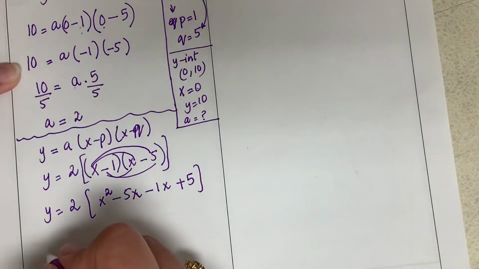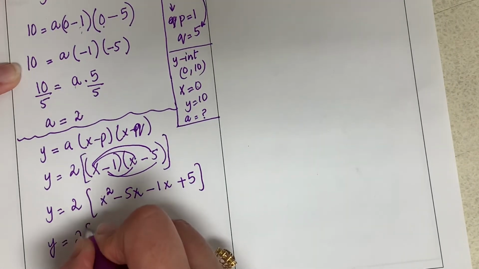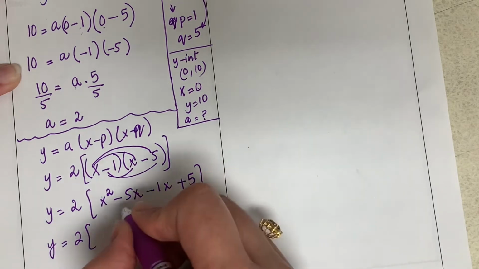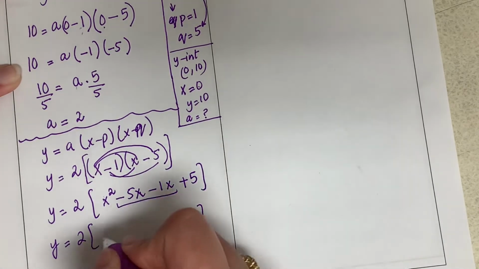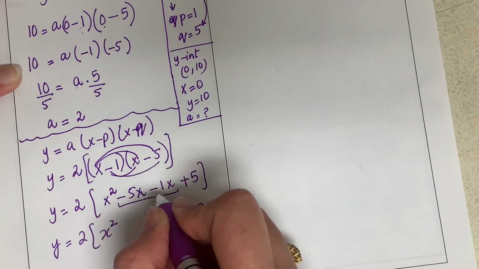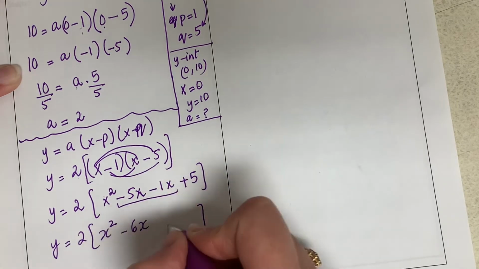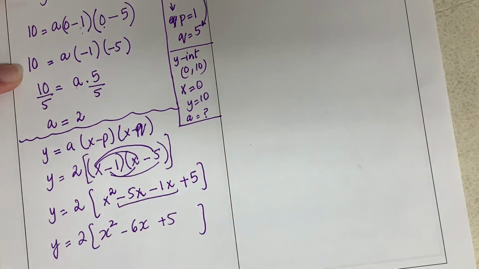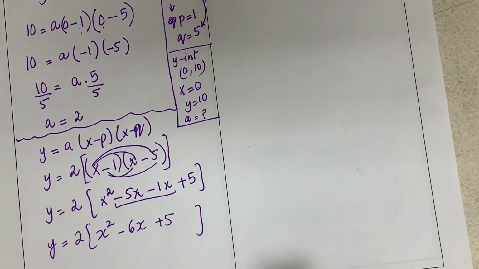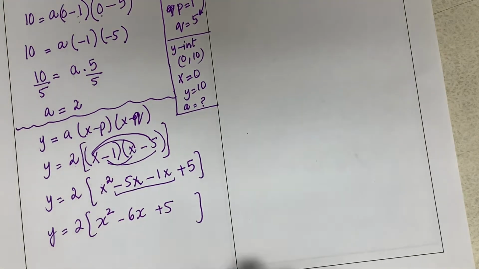All right, I multiplied it. Now I have some terms that I could combine, such as these two. So -5x, -1x is -6x plus 5.